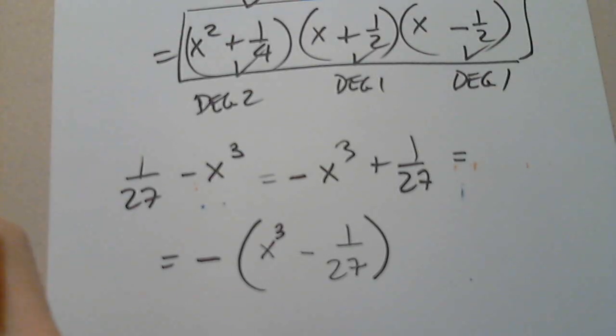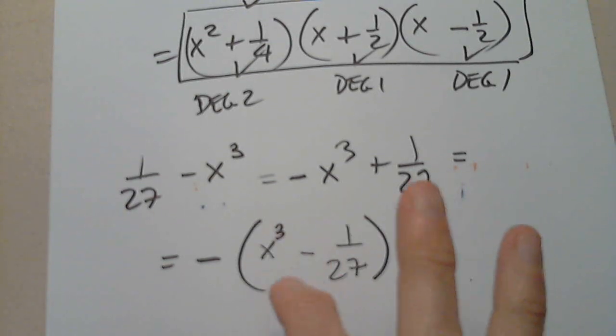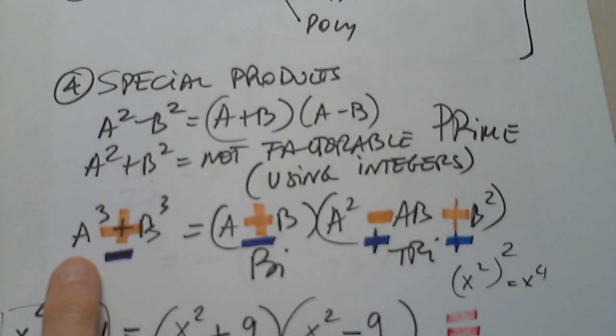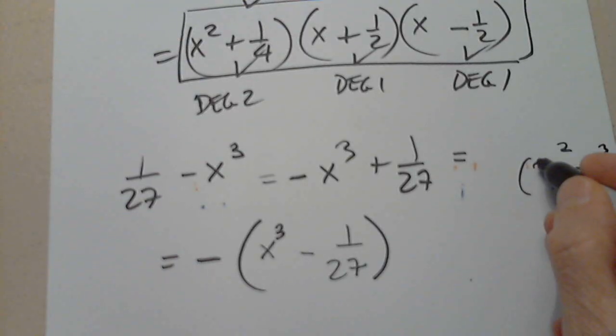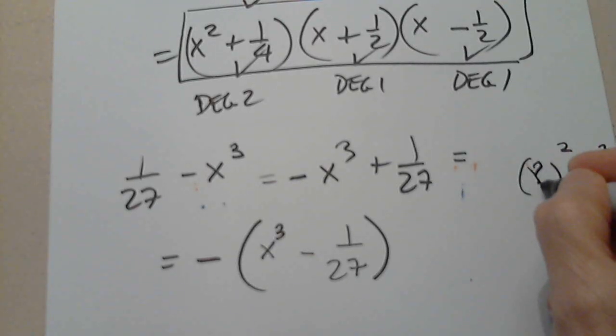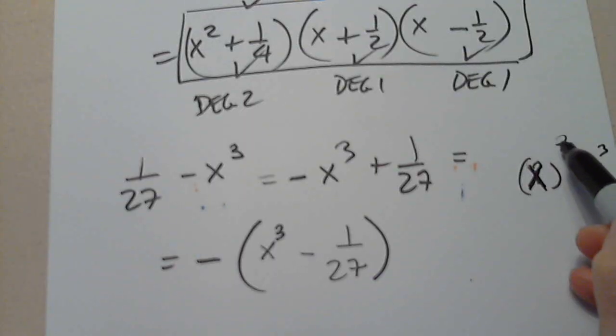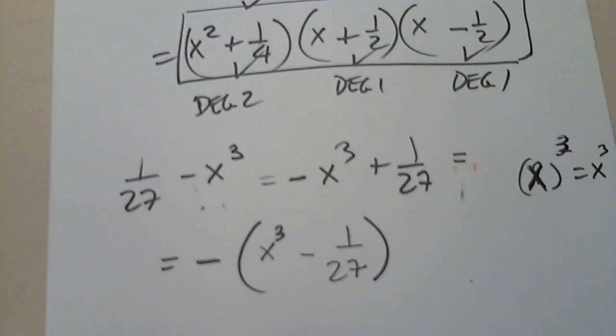But there is nothing I can square to get x cubed. There isn't, it doesn't exist. But there is x. If I cube x, I get x cubed.